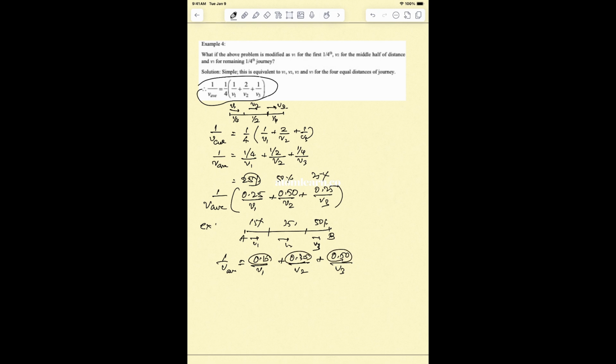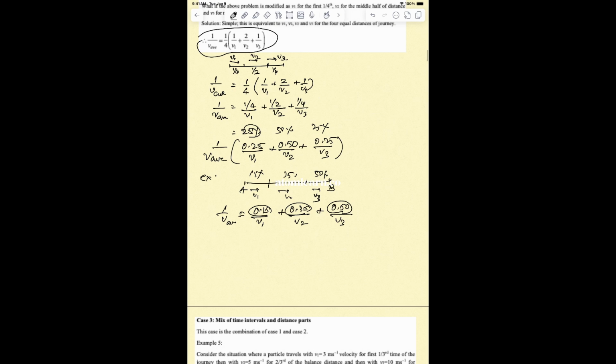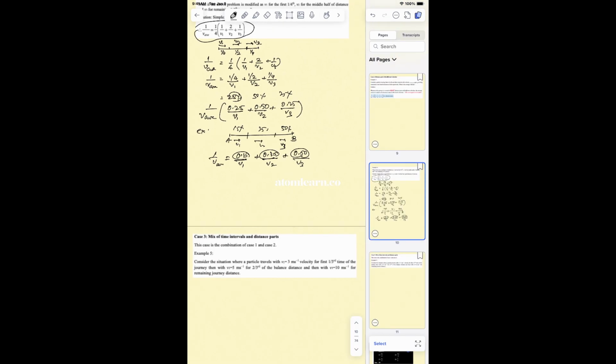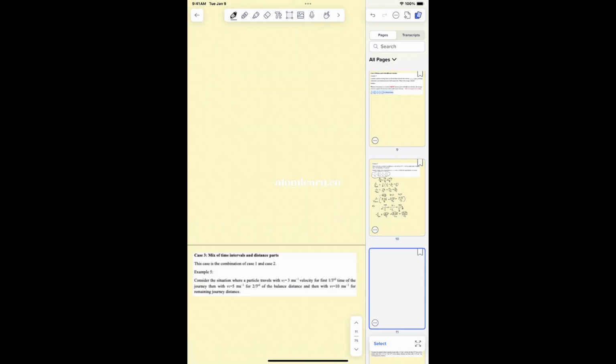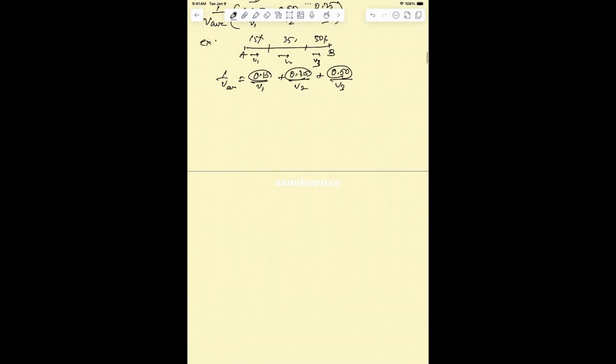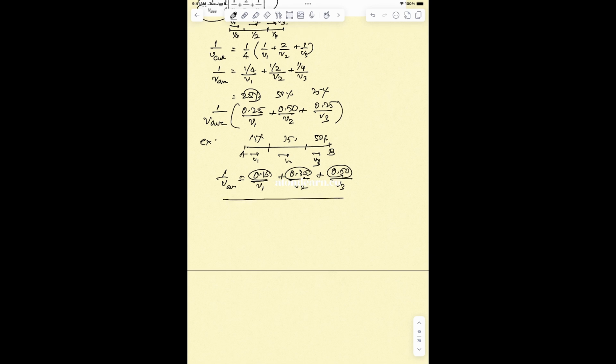Suppose you have a different kind of problem, let me explain. There is a journey from A to B. You have point C, point D, point E. Subdivide this distance in the ratio 2:4:3:6.